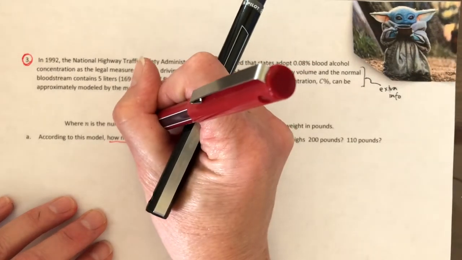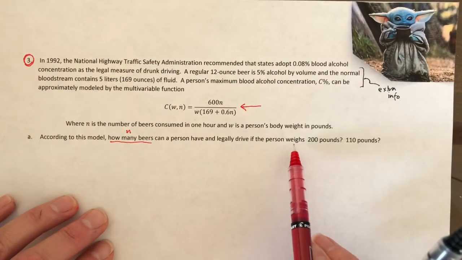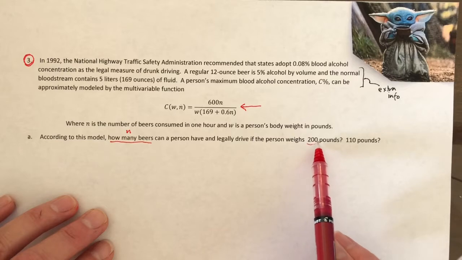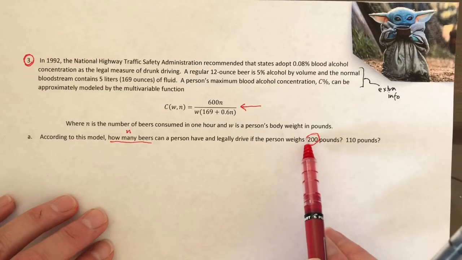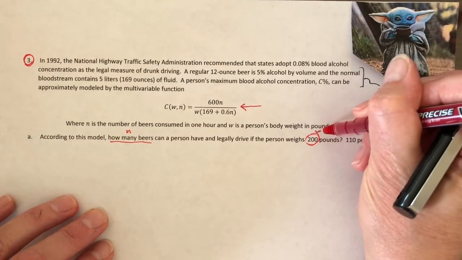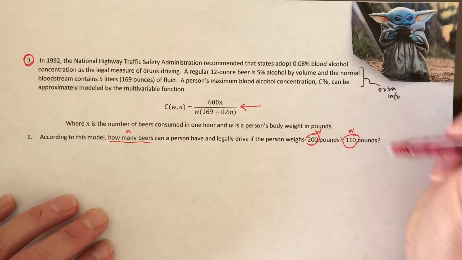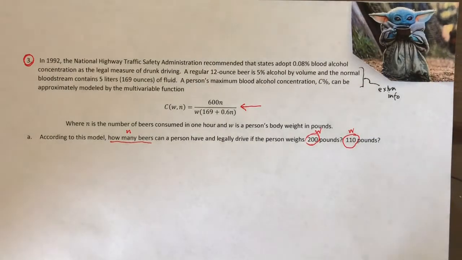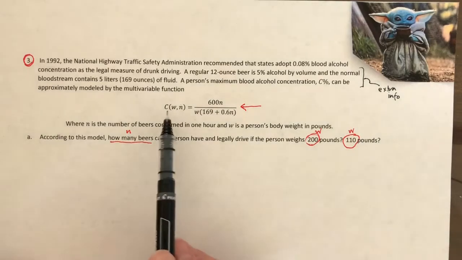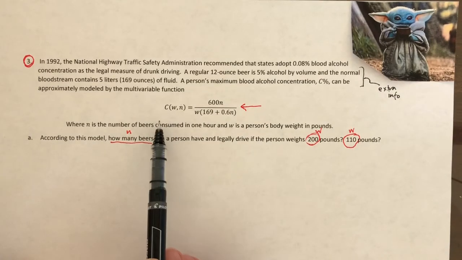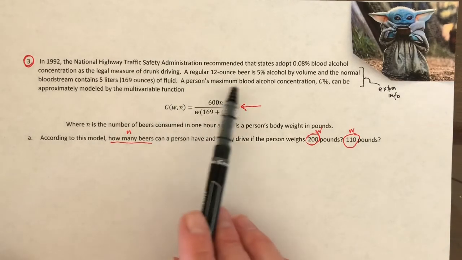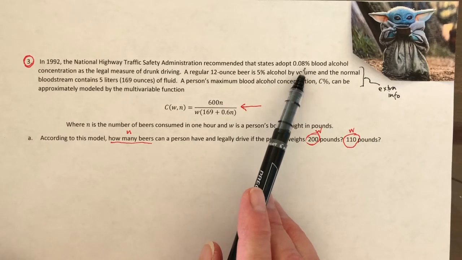So what is N when somebody weighs 200 pounds? So when W equals 200, or when W equals 110. We'll answer this question first. To legally drive, we have to be under 0.08%.